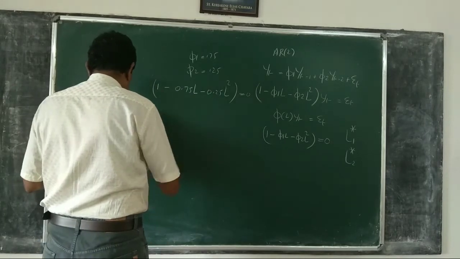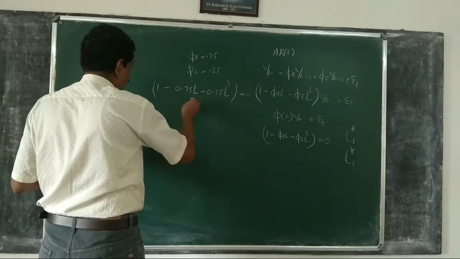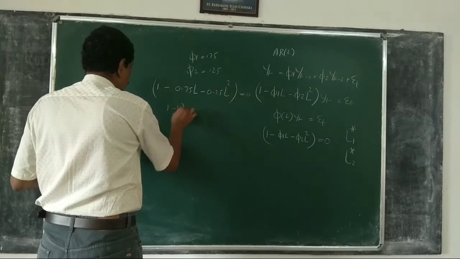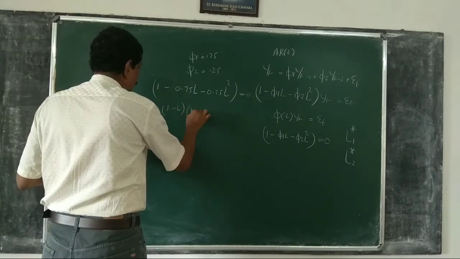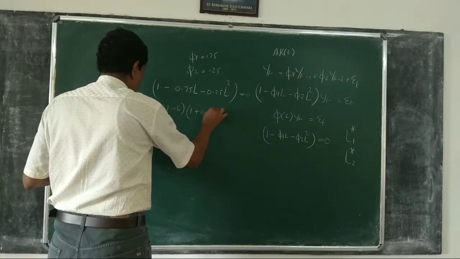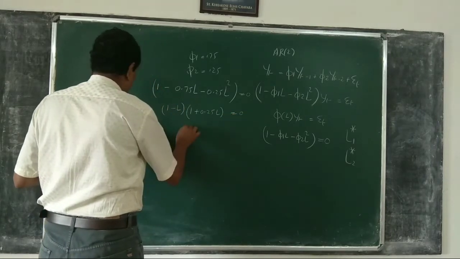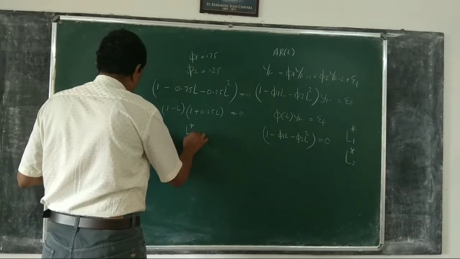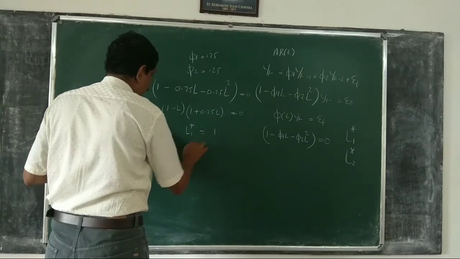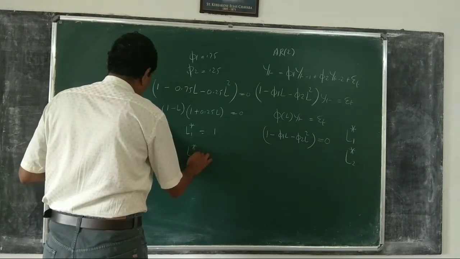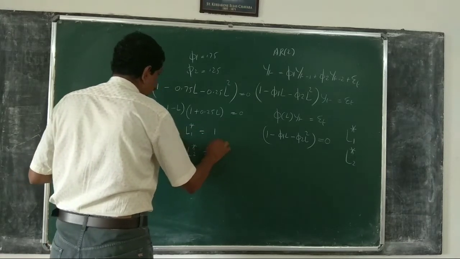This can be factored as (1 minus L) into (1 plus 0.25 L) equal to 0. The solution will give L star 1 as equal to 1, L star 2 as equal to minus 4.